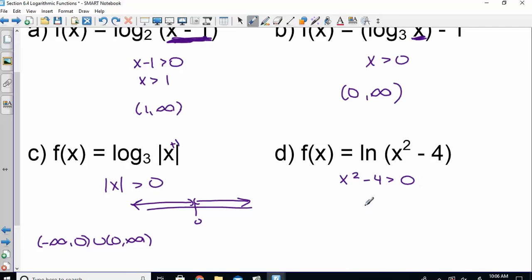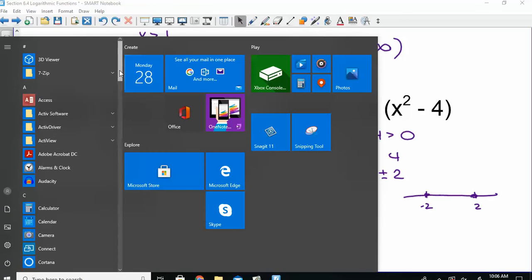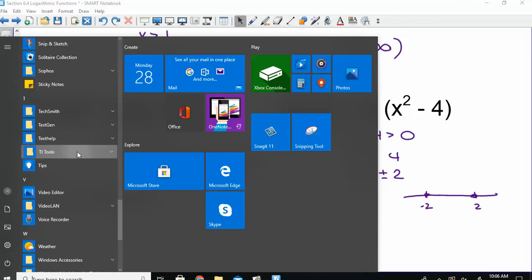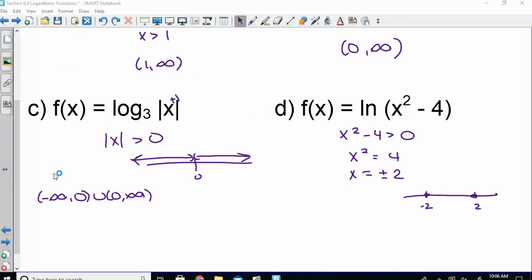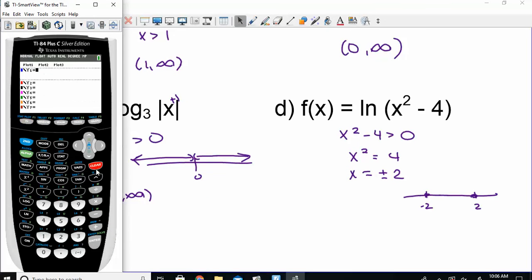So x squared minus 4 has to be greater than 0. Okay. So remember when we did these problems, the quadratic inequalities, we looked at a graph. We figured out positive 2 and negative 2 are the 2 times it equals 0. Go ahead and graph x squared minus 4. That just goes down.